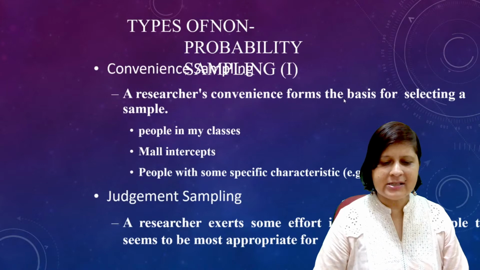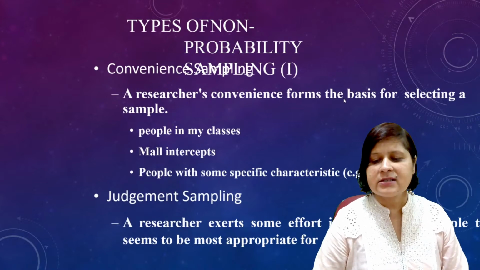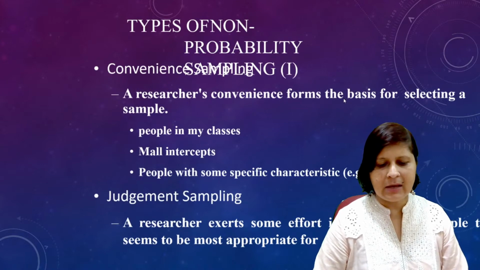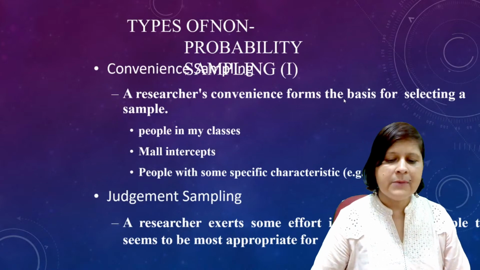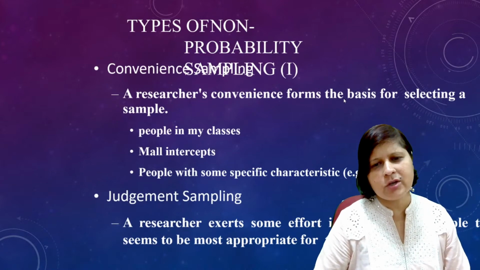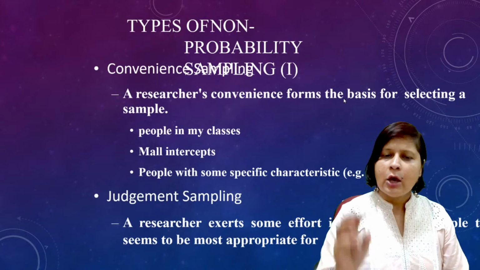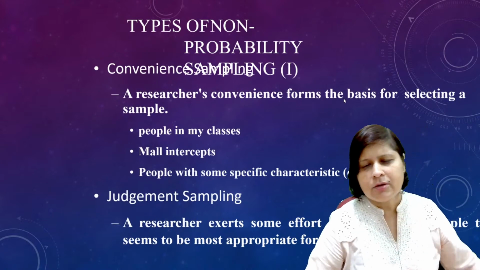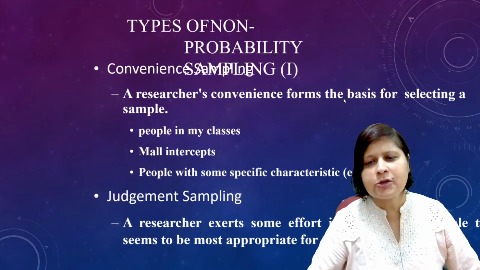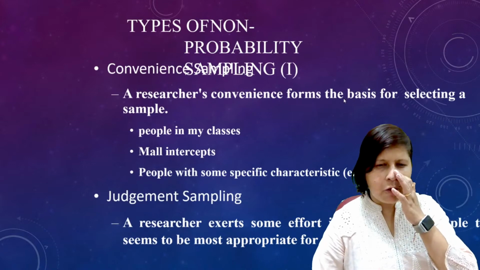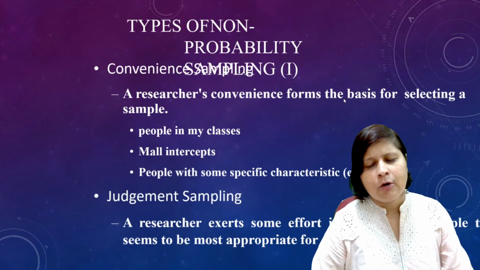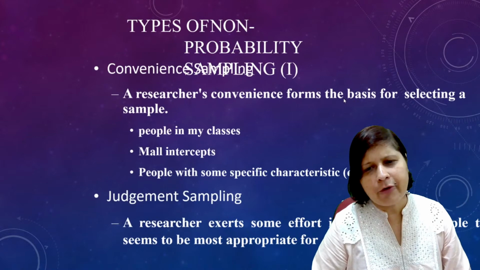Next is judgmental sampling. A researcher exerts some effort in selection of a sample that seems to be most appropriate for this study. Judgmental sampling is when the researcher feels that X could be an appropriate sample for my study.